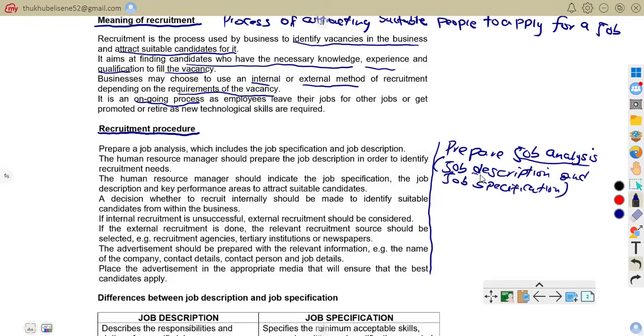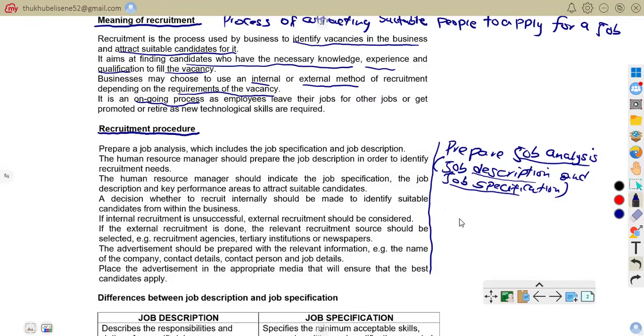Job description covers the duties that are going to be performed, but job specification covers the skills, experiences and qualifications that are needed. That is the first thing you go for: the duties to be performed and the skills needed for such duties.